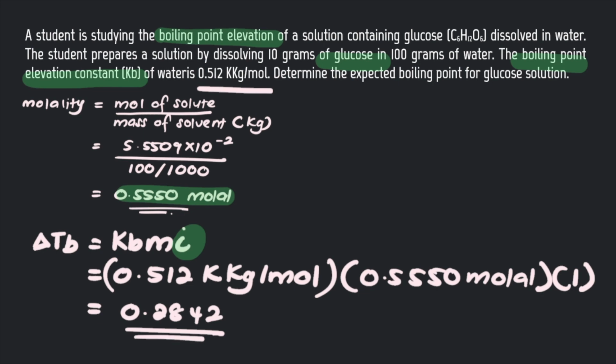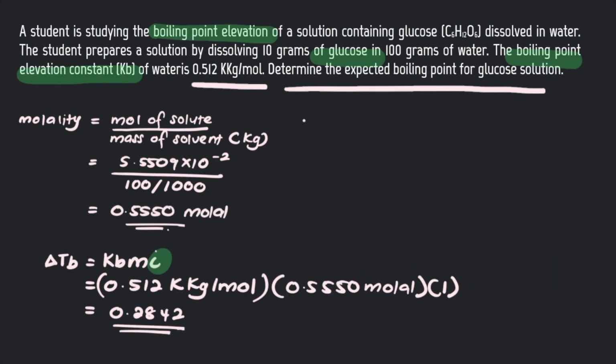Okay, but the question asks you to determine the expected boiling point. So you want to know what is the new boiling point. So to find the new boiling point, you need to know what is the boiling point of water, because your solvent is water.